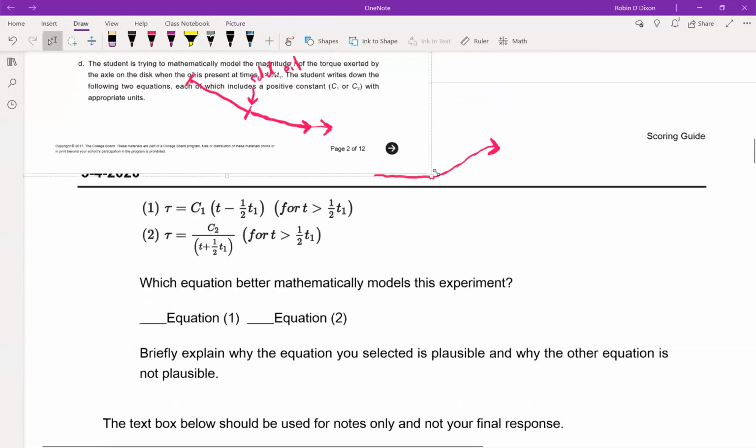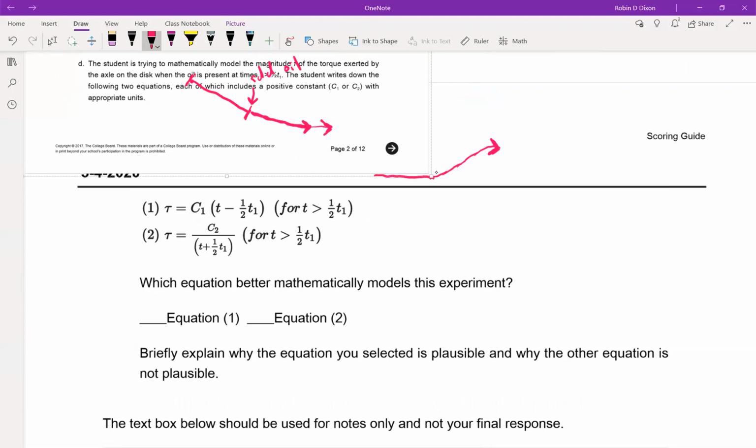All right, so simple question. Which equation best models the torque after we've added oil? We have torque is equal to a constant times t minus 1/2 times t1. Okay, cool. And over here we have torque is equal to a constant divided by that.